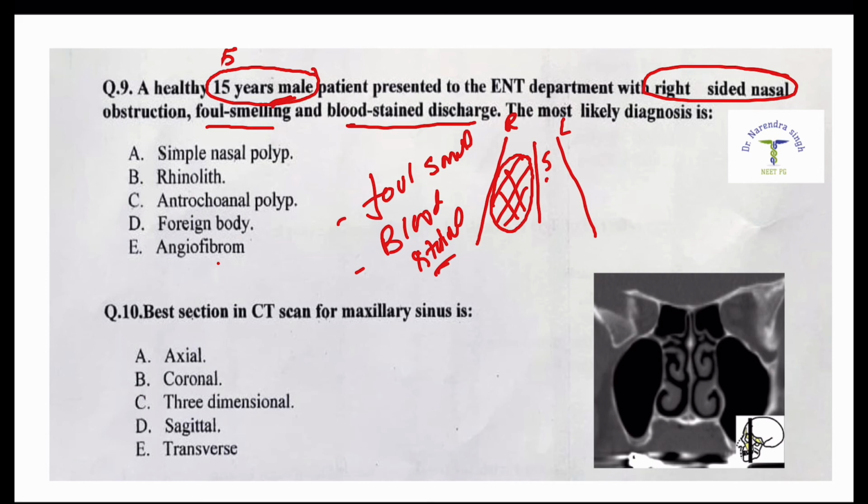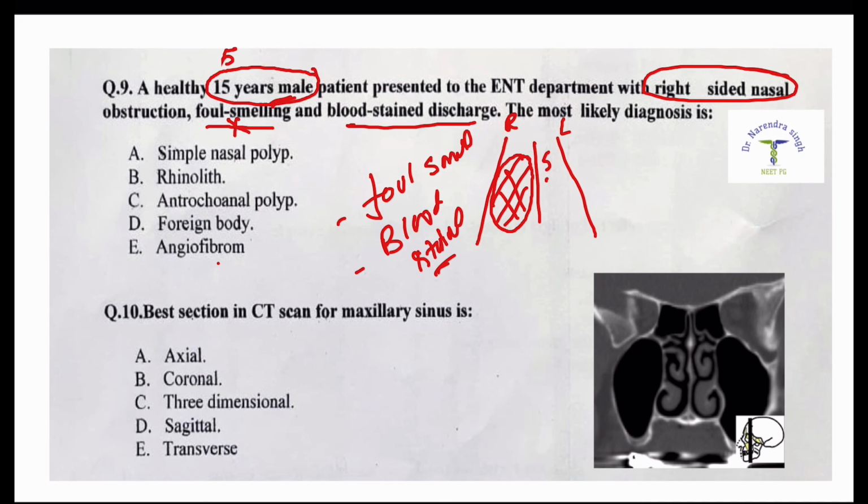It is not seen in females. But the information given in the question which does not qualify with angiofibroma is the foul smelling and blood stained discharge. In angiofibroma, we have frank epistaxis, not blood stained discharge. Neither is it foul smelling. It is known as torrential epistaxis or torrential bleed.